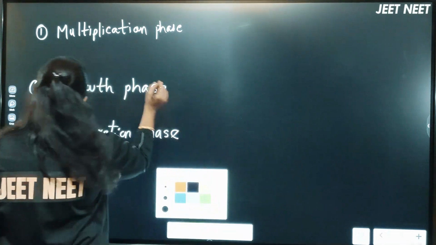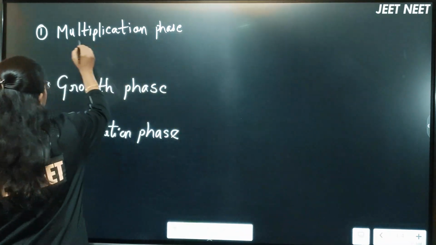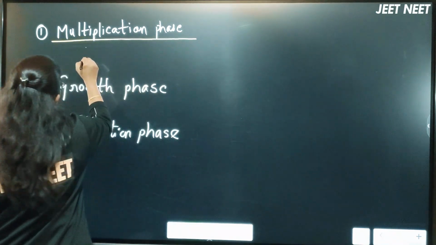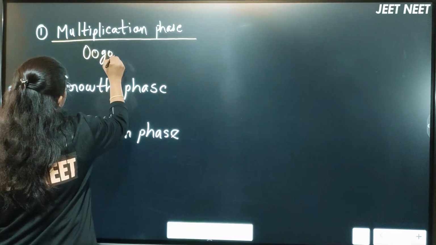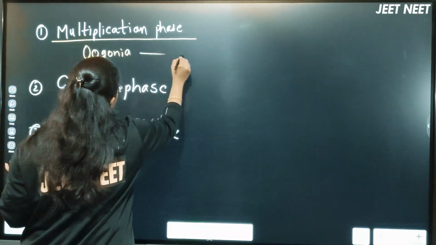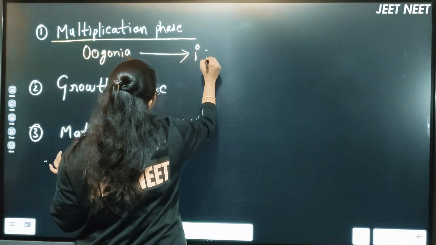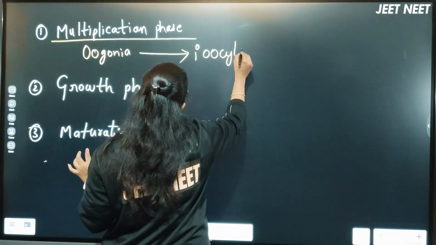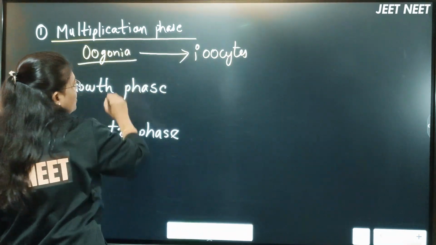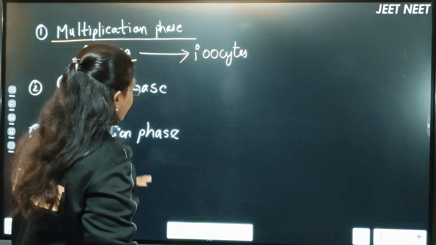To write the points: in the multiplication phase, the oogonia convert into primary oocytes. No more oogonia are developed after the birth of a baby.